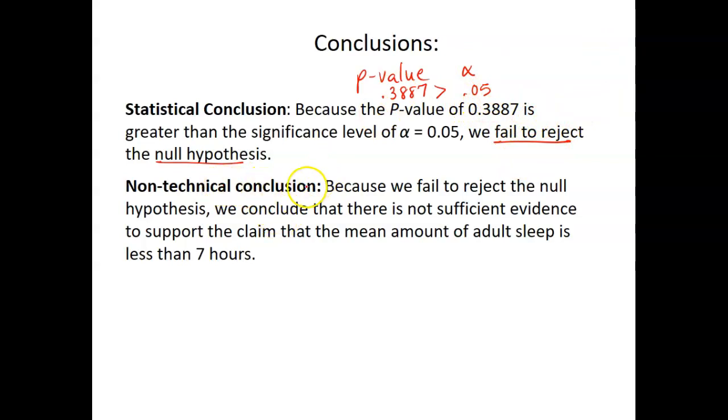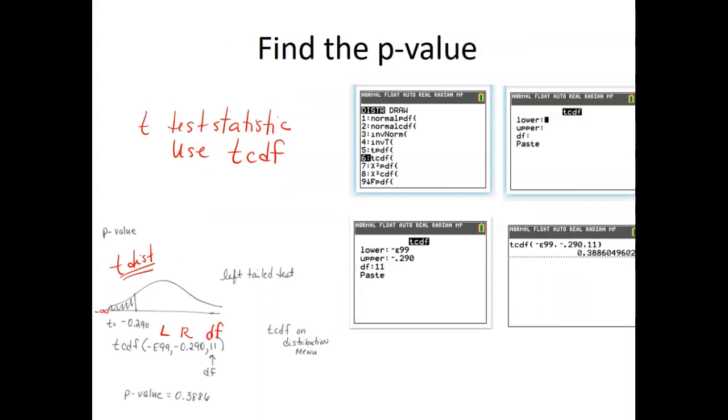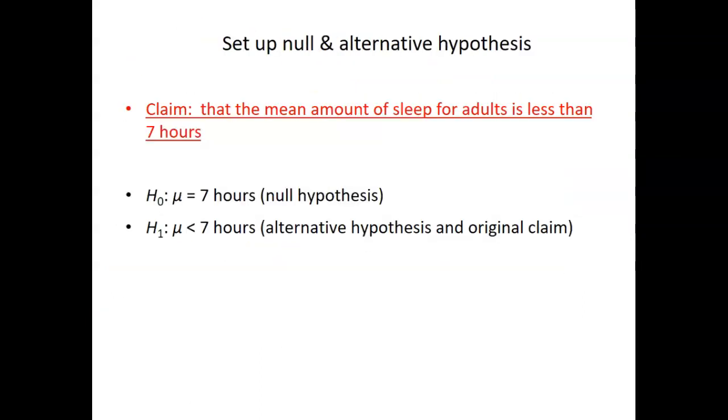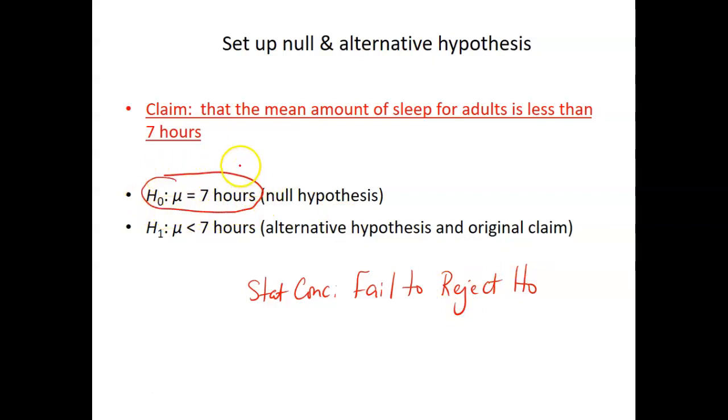And then for my non-technical conclusion, I'm going to go back here to my null hypothesis. Our statistical conclusion was that we fail to reject the null hypothesis. If we're failing to reject this, then we've got to hold on to it.